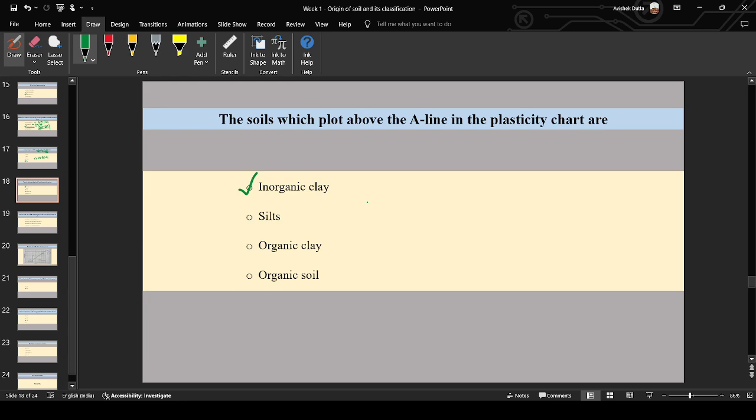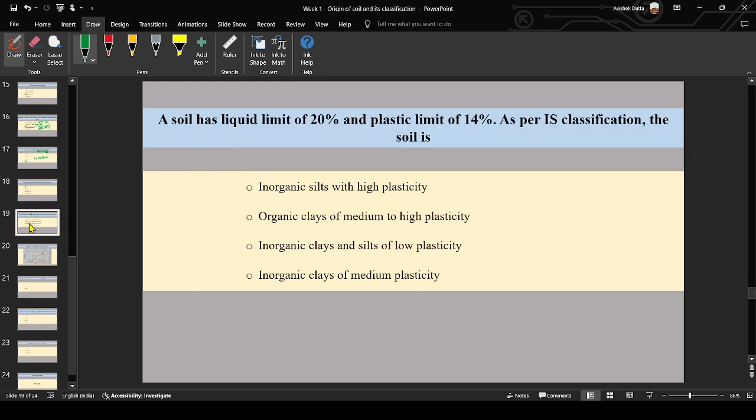Okay. Now we come to the next question. Again, we'll be using the plasticity chart. A soil has a liquid limit of 20% and plastic limit of 14%. As per IS classification, the soil is... I'll just calculate the plasticity index.